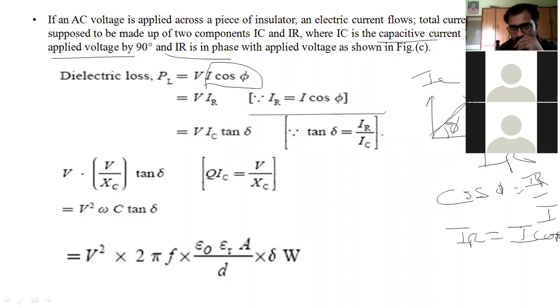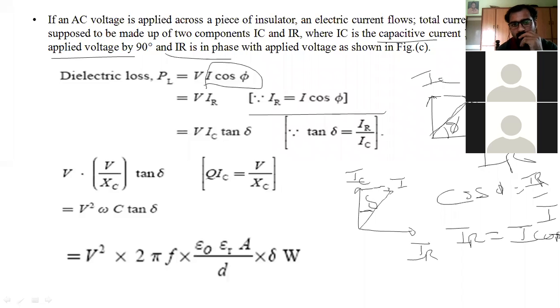Coming to the capacitive current, I will draw here itself. I is the resultant, this is the capacitive current and this is the leakage resistor current. Here the angle of deviation between the resultant and the capacitor current is considered as delta.